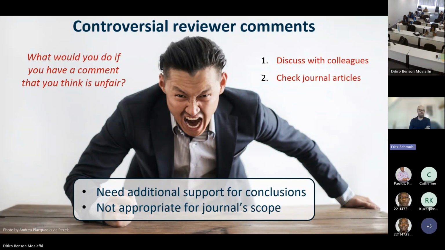Especially ask colleagues who have published a number of papers, who have gone through the review process, to check whether the language used by a reviewer is fair. Within the context of the journal, do you think this was appropriate? It could be that a colleague will say to you, well, you actually feel that the language used, the kind of comments used are actually not appropriate and they're not fair.